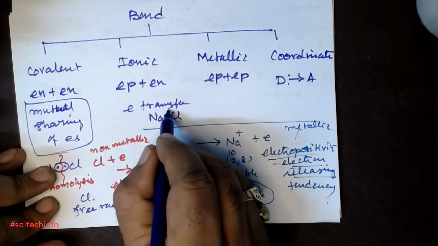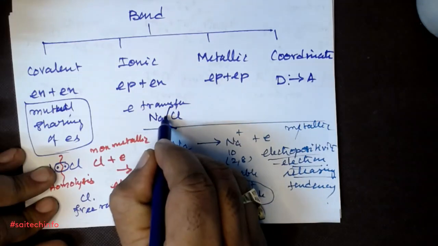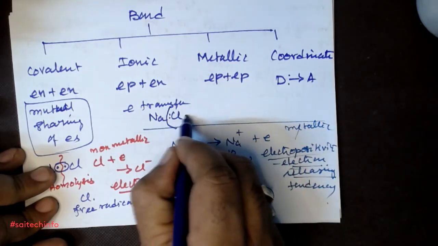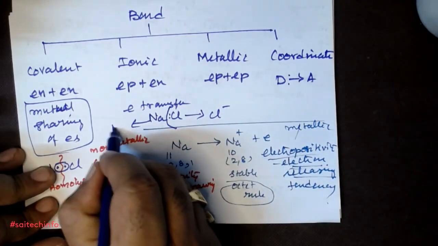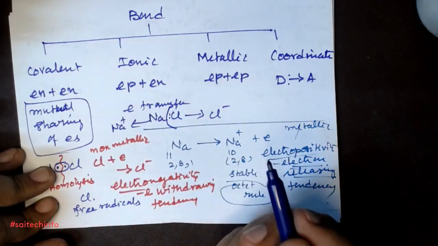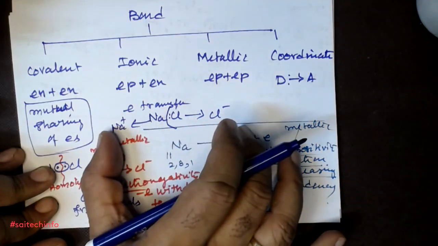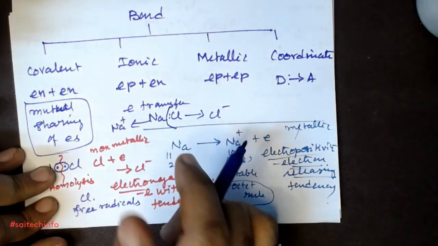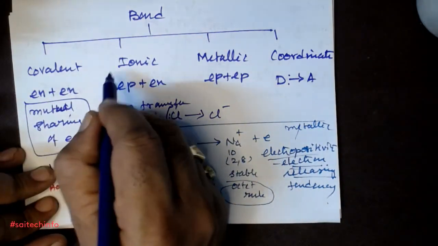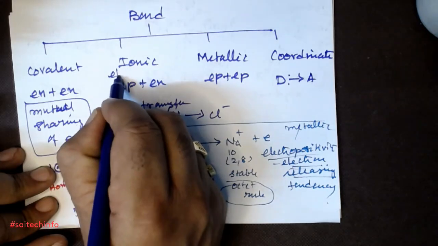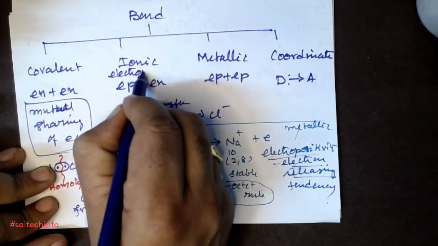So chlorine takes the electron of sodium. Chlorine becomes Cl minus, sodium becomes Na plus. This kind of tendency is available in the ionic bond, and that's why it's also called the electrovalent bond.